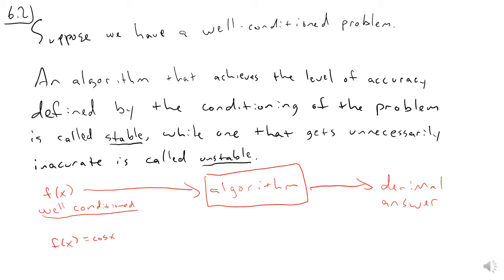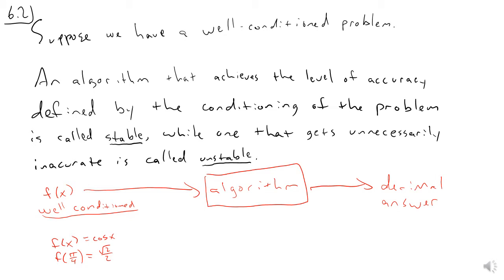But suppose your algorithm for evaluating the cosine function involves maybe a Taylor series, because if I ask you to do something like f of say pi over 4, we know how to do this analytically. If we know our unit circle and think about the cosine function for a second, we know that the exact answer is root 2 over 2.